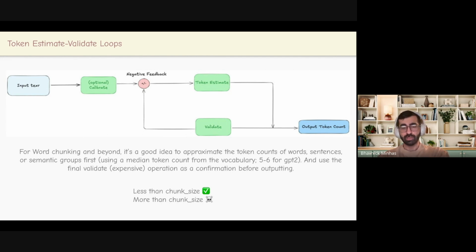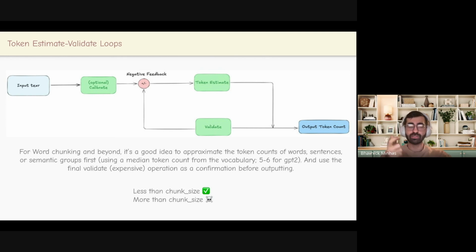Essentially, another heuristic is that you care about going less than the chunk size, but not more than the chunk size. If you're less than the chunk size, even if you're way less by, let's say, 50 tokens, you're still golden, right?